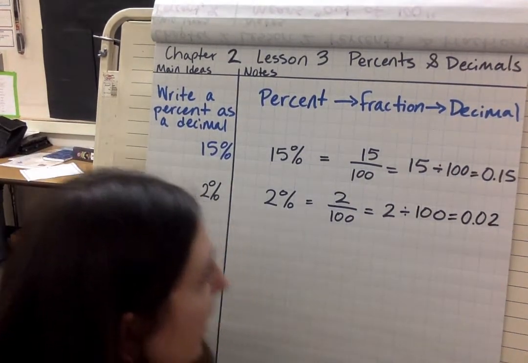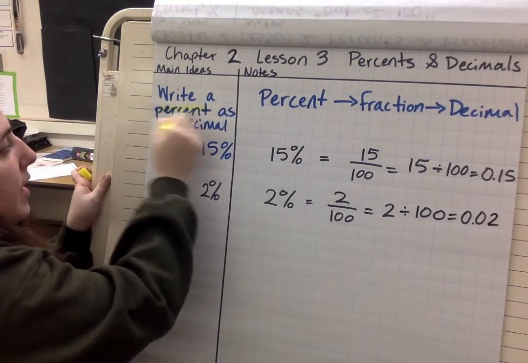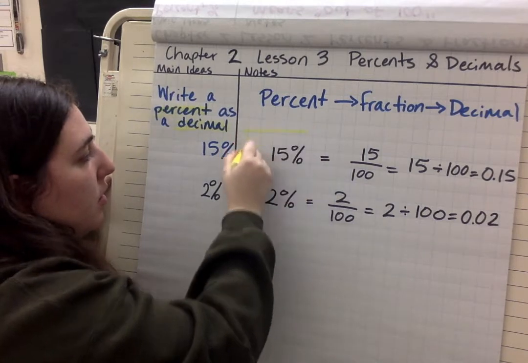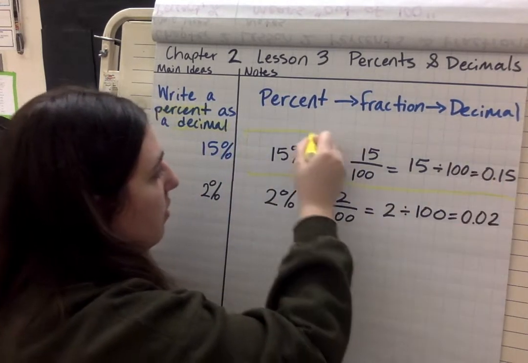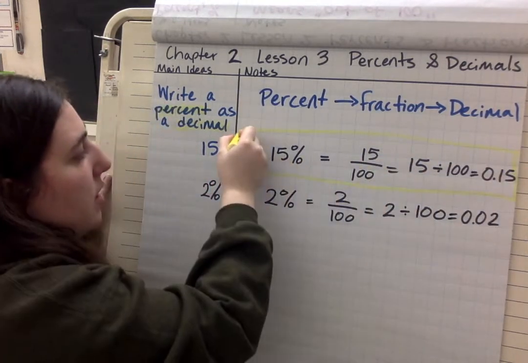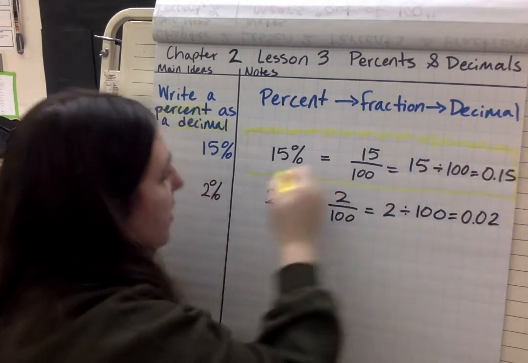So I'm going to highlight a couple things. So write a percent as a decimal, and this strategy here is going to help us do that. Again, no shortcuts. This is what I expect to see when you guys are taking the test.